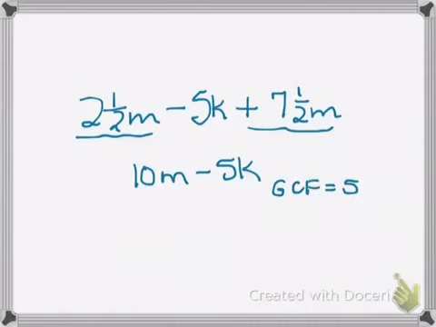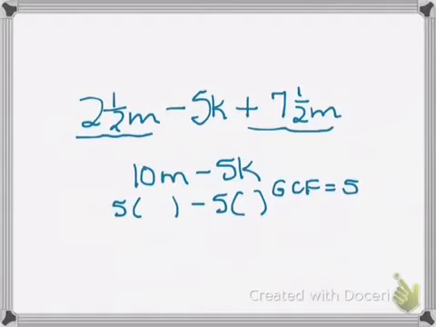My greatest common factor is 5. I'm going to rewrite each of those terms using the factor of 5. So 5 times what minus 5 times what? This is a little different approach. It shows you better how I decide what goes into each of those parentheses. So 5 times what is 10m? It's 5 times 2m.